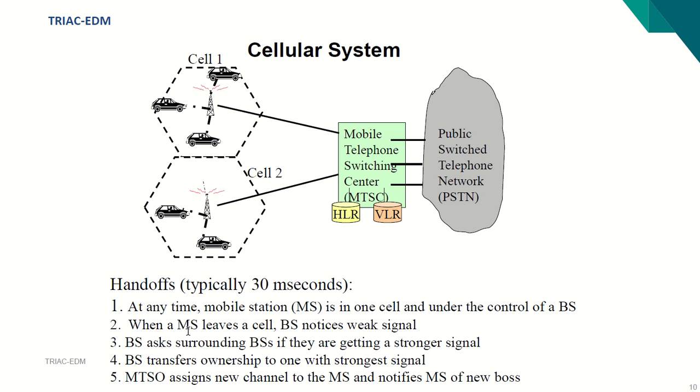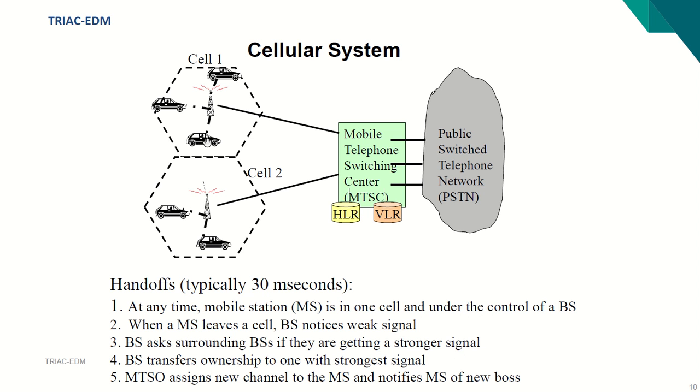When a mobile device leaves the cell, the base station notices a weak signal. So for example, if this person is moving here, then the signal is getting weaker and weaker, but the surrounding base station will get a strong signal.